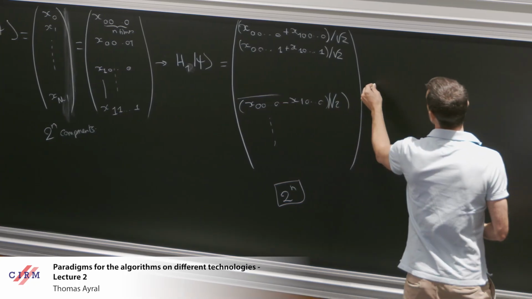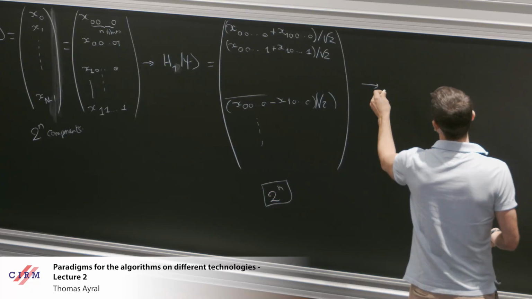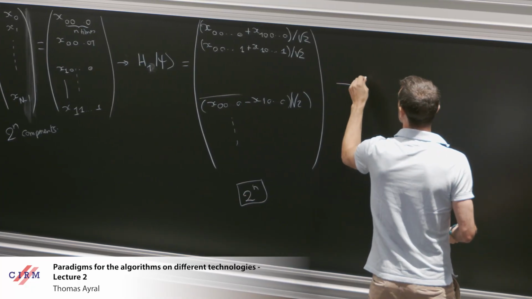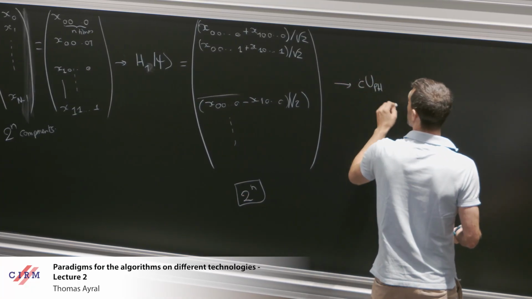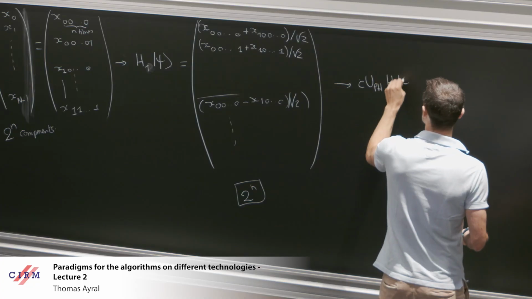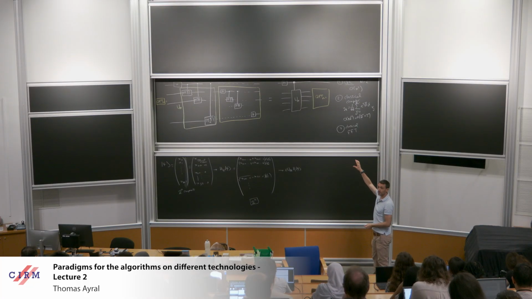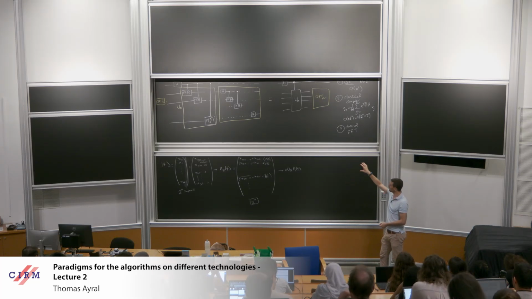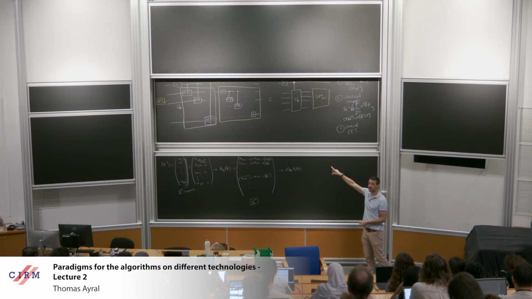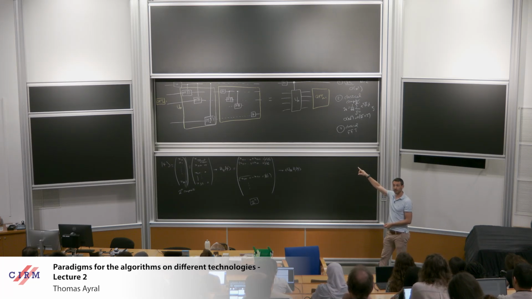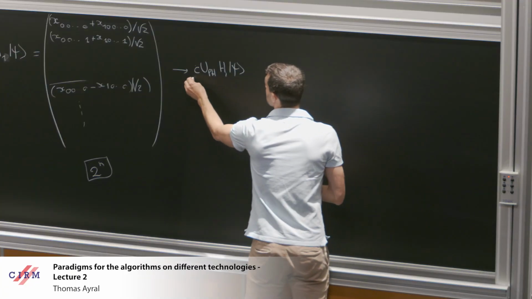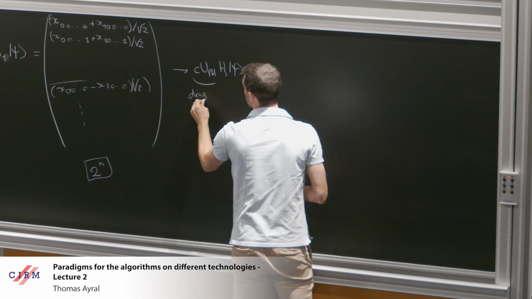Now, let's see what happens if I want to do the controlled U phase times H1 times psi. This is a controlled operation. You remember the matrix of a controlled operation was 1, 1, 1, and then the gate itself. But the gate itself, U phase, is a phase gate, and you remember a phase gate is a diagonal gate. So in principle, this should convince you that controlled U phase is a diagonal matrix.